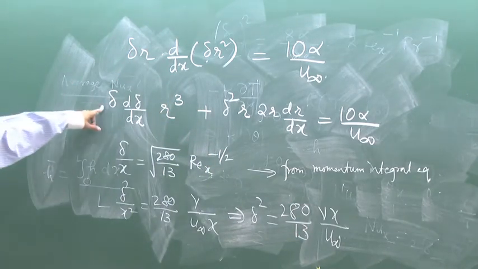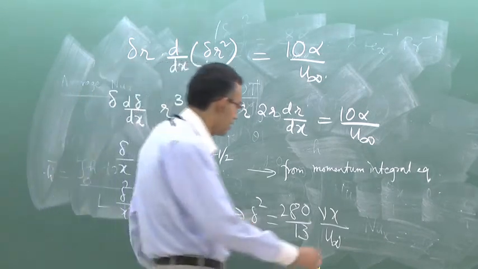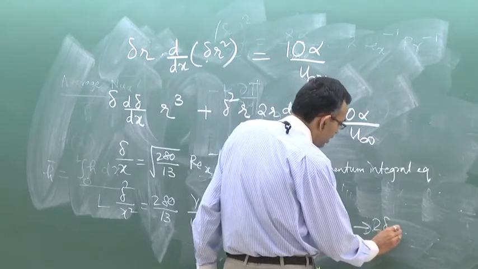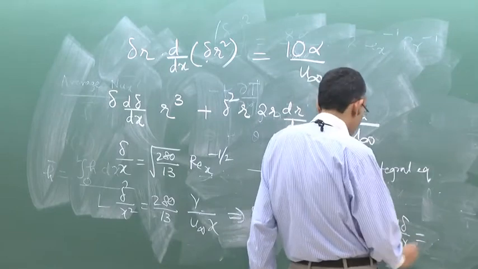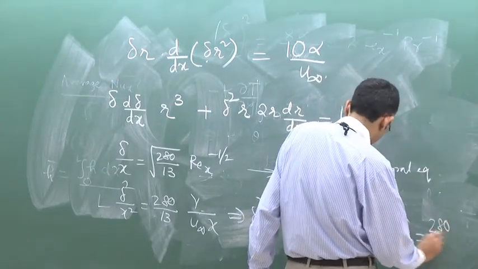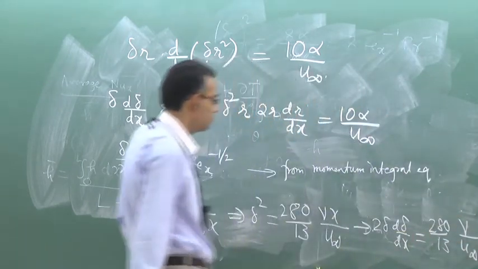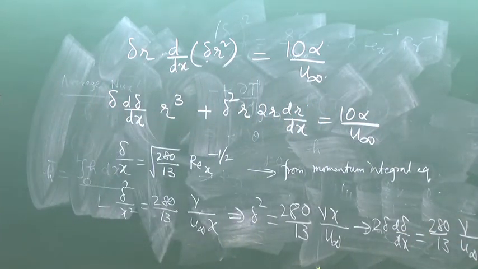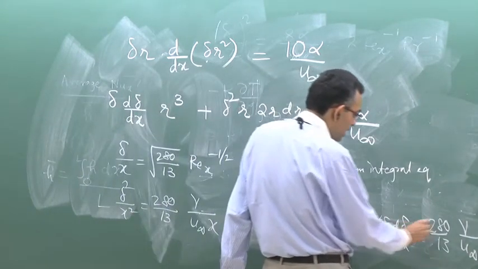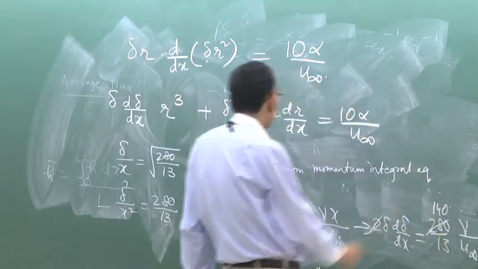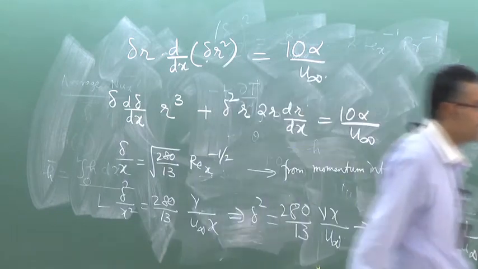So we require delta d delta dx. So if we now differentiate both sides with respect to x, so 2 delta d delta dx is equal to 280 by 13 nu by u infinity. Okay. So that means delta d delta dx is 140 by 13 into nu by u infinity. So let us write it down there.